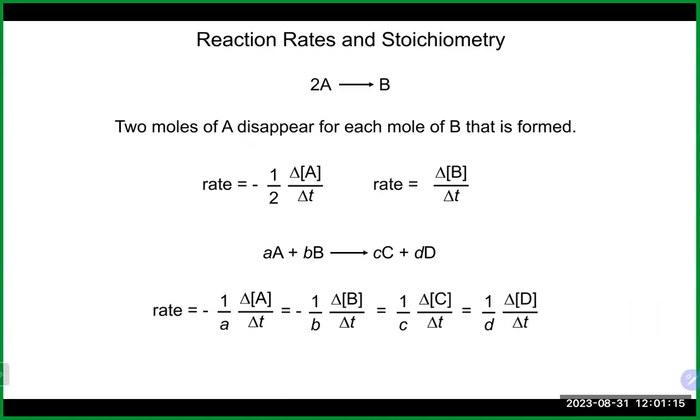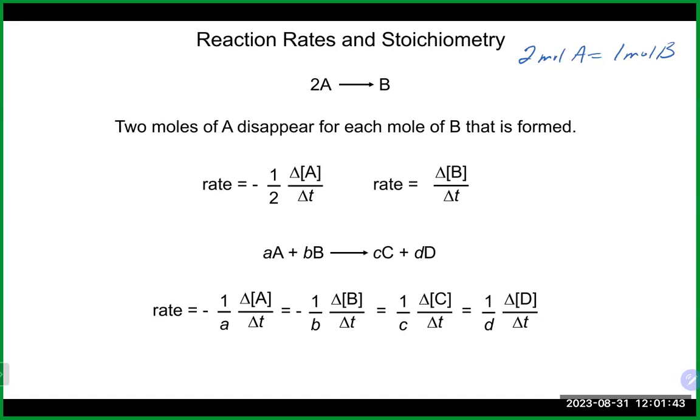So when we talk about stoichiometry, and we have an equation like this, 2 of A goes to 1 of B, we basically could say for every 2 moles of A, we will produce 1 mole of B in this particular case. Now, when we're talking about reaction rates, we do have to take into account the stoichiometry of the reaction to get the correct rate.